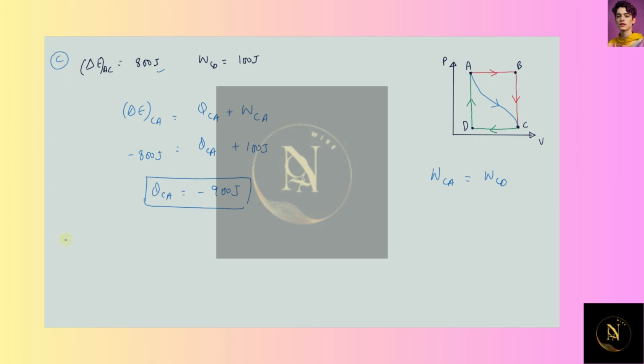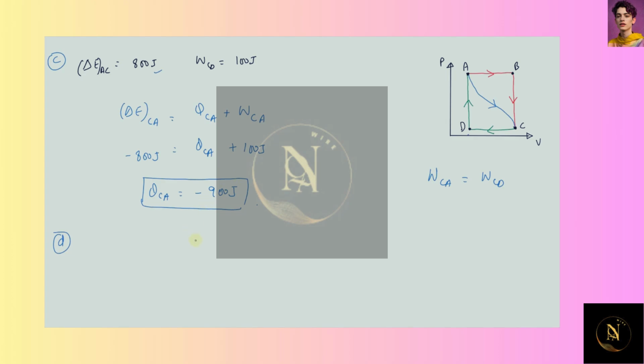Next we'll be solving the D part of the question. Now in the D part we have to find the energy that must be added to the system by heat as the gas goes from C to point D. So we have to calculate QCD.